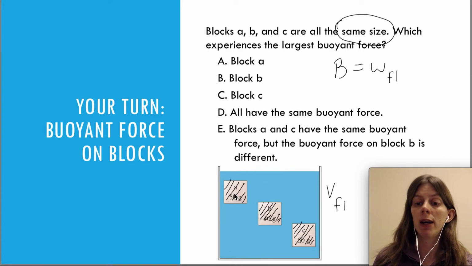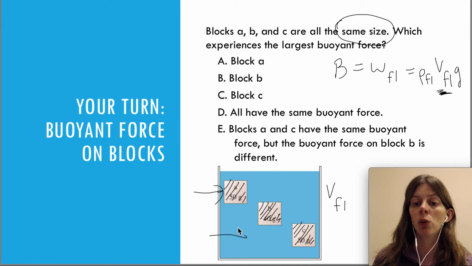If V fluid, the fluid displaced by the 3, is the same because they're all the same size, can you see that in our definition of rho fluid, V fluid, g for the buoyant force, if they all displace the same amount of water, and that water has the same density here and here, the water doesn't change density.